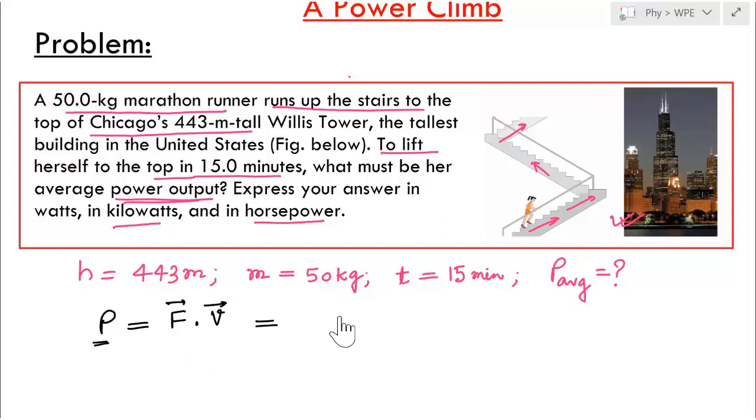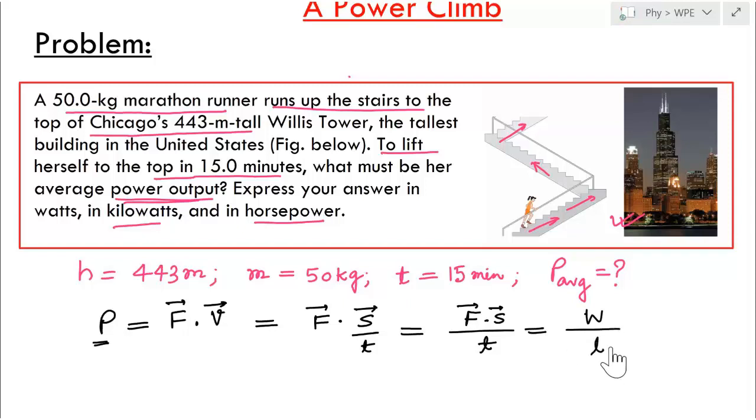Now the same expression I can also write as F dot displacement divided by time. We can also rewrite it as F dot S divided by time. And if you remember, F dot S is nothing but work done. So I can write work divided by time.